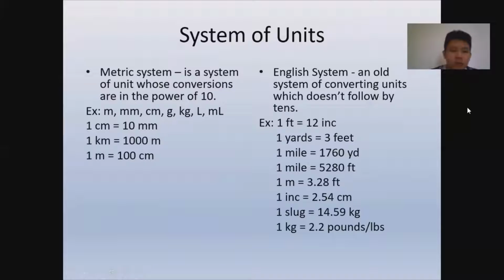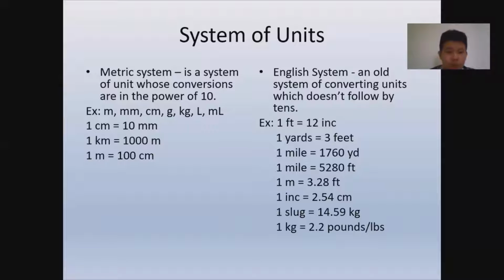Now we will talk about systems of units. The first one is the metric system. What is the metric system? It's a system of units whose conversions are in powers of 10.